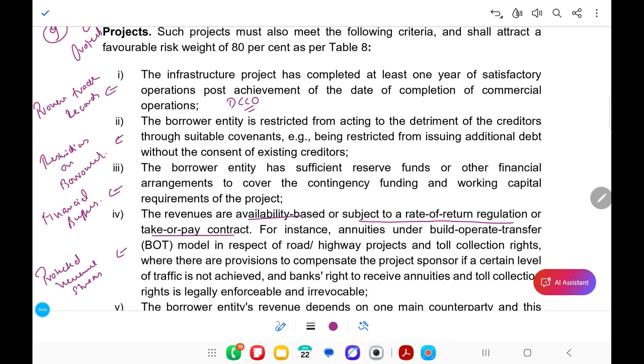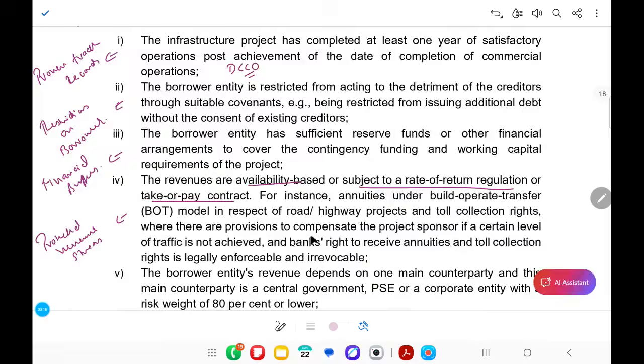Okay, so for example, there can be legally enforceable and irrevocable annuities under a build, operate, transfer, BOT model, where the project sponsors are compensated even if traffic levels fall short, right? So if this is there, then this criteria is fulfilled.